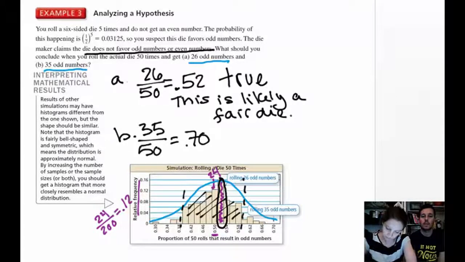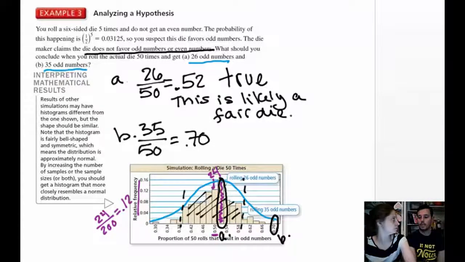So when we look at our graph, again, the graph does not have these results on it because the graph was a simulated experiment of a fair die. When we look, we see on the right-hand side of that tail of the bell curve where 70% occurs. That is a highly unlikely event.